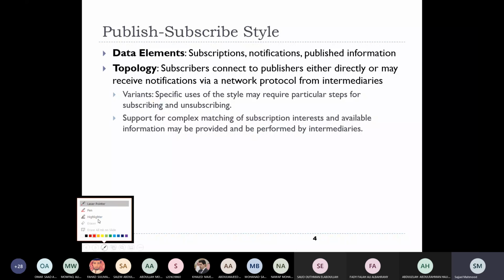For example, one variation is that a specific type of style may require particular steps of subscribing and unsubscribing. So some of them may require a certain kind of information for you to subscribe or unsubscribe, or it could be more complicated in the sense that it's actually using logic and learning from the behavior of the user.